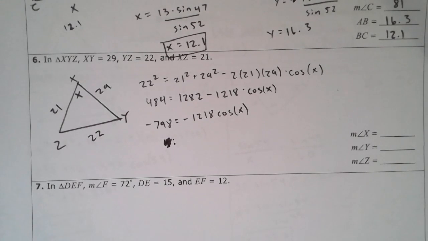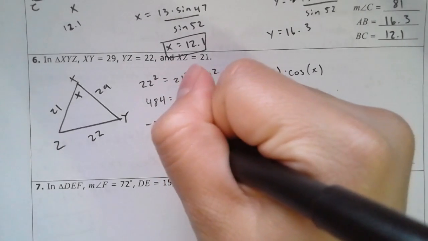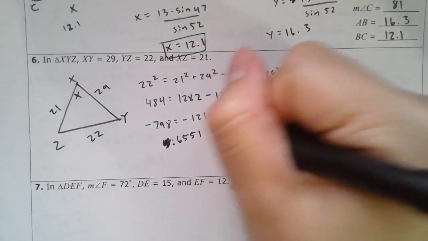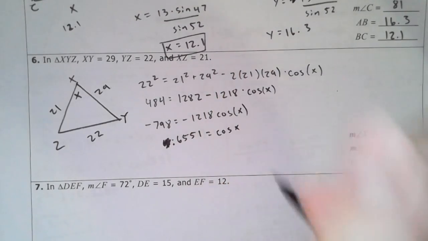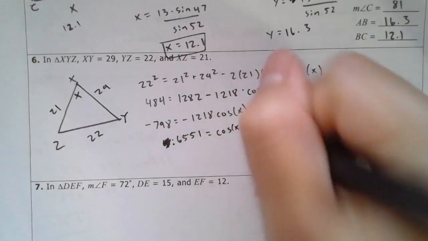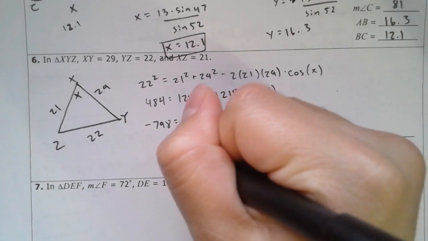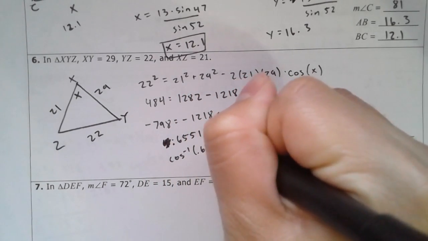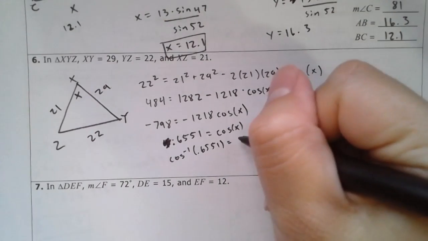I'm getting 0.6551. That's equal to cosine of x. So then you take the inverse cosine of 0.6551. That's equal to x.